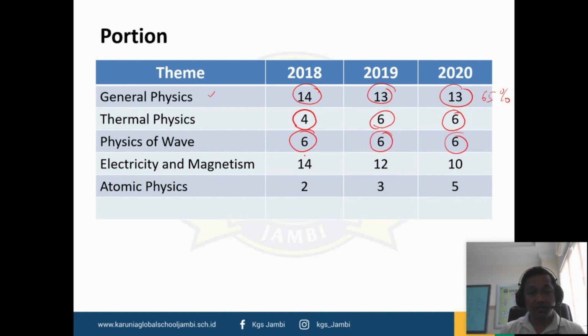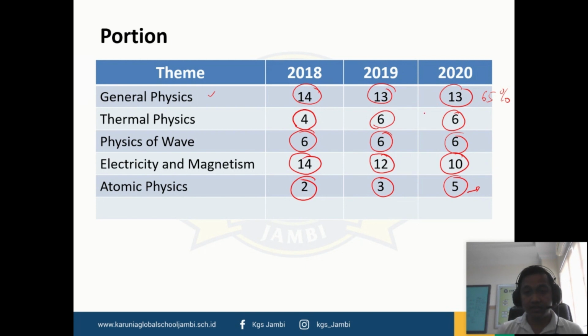It's about 6 questions. What about electricity and magnetism? In 2018, the number of questions is 14, but then reduced to 12 and then to 10. But the questions regarding atomic physics increased from 2 to 3 and to 5. This is the maximum number so far that we can see. It's about the number of questions about atomic physics, nuclear physics, about five.